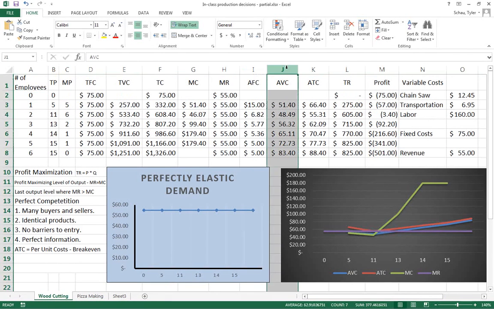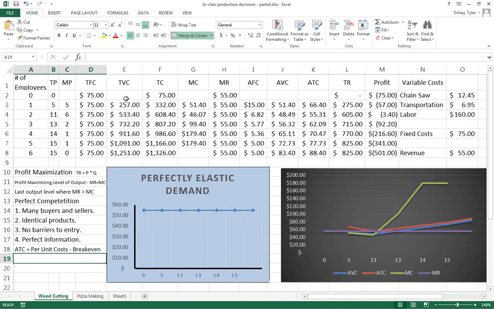So this column here, if average total cost was per unit costs, average variable costs are going to be per unit variable costs. Okay, this is my shutdown point. This is where I make the shutdown decision as to whether or not to stay open or to shut down.